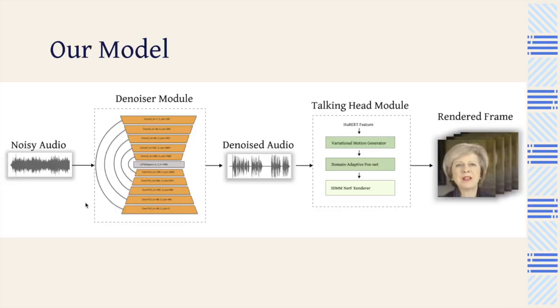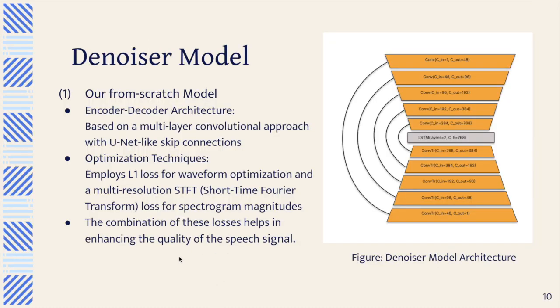Here's our model implementation, which takes a noisy audio, goes through a denoiser module, and produces a denoised output. And this is passed into a talking head module, which will produce rendered frames of a person's talking video. Our denoiser module is an encoder and decoder architecture, which has a multi-layer convolutional approach with U-Net skip connections.